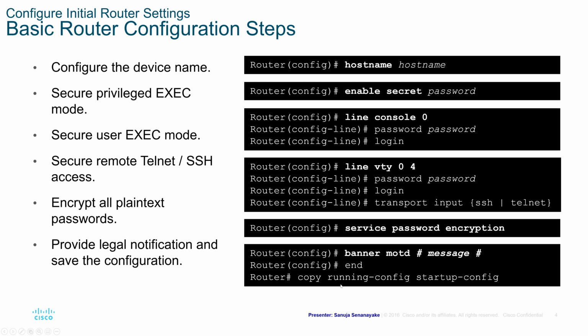The command copy running-config startup-config will allow you to save all of these changes that you have made previously on this device onto its memory. Because when you are configuring these devices, all of these commands go into random access memory that will get erased if you turn off or reboot your router.